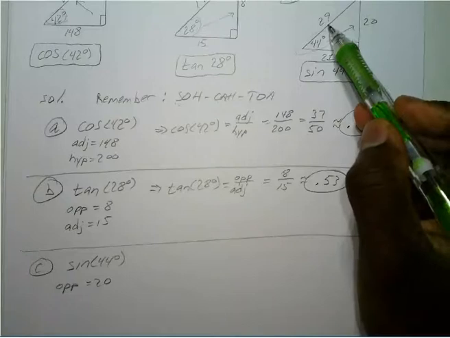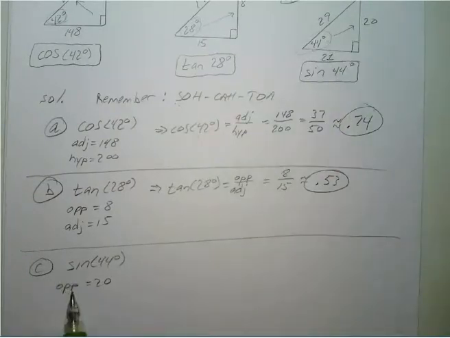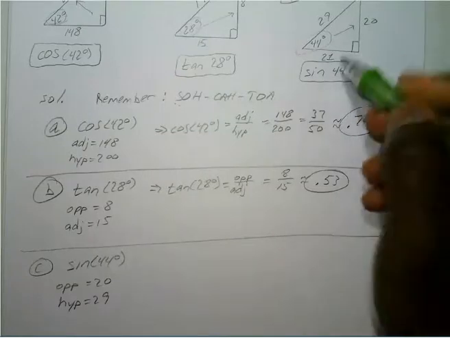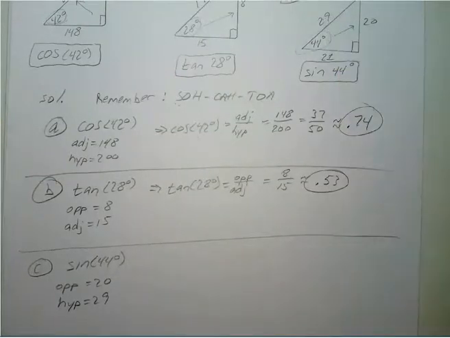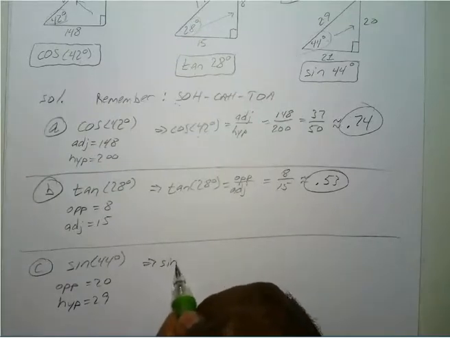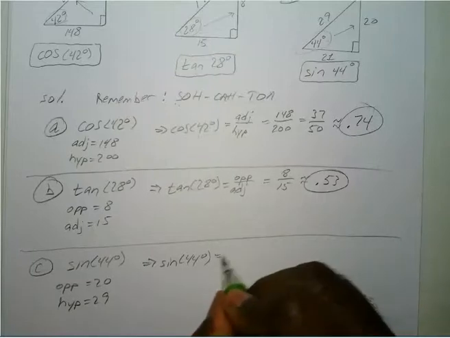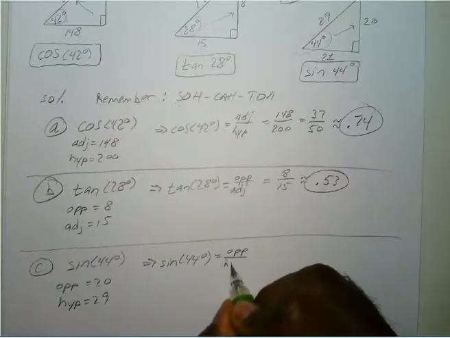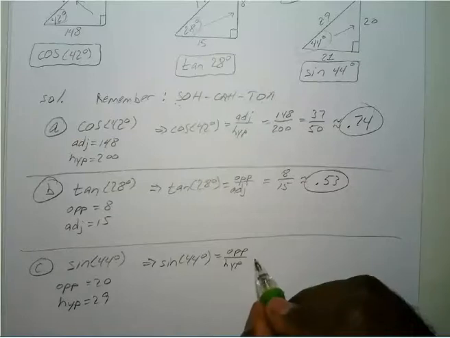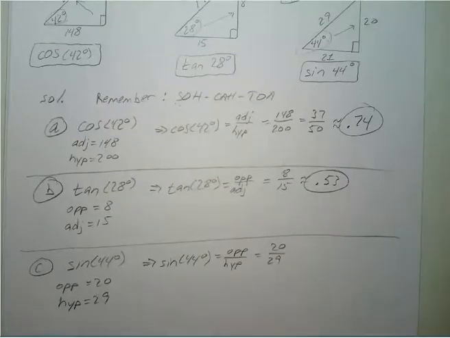Remember, your adjacent is never your hypotenuse. Oh, opposite over hypotenuse, which is 29. That's what I'm getting mixed up. Hypotenuse equals 29. Your adjacent is 21. Hypotenuse is 29. All right, so we have sine of 44 degrees, which is the opposite over hypotenuse, which is 20 over 29.